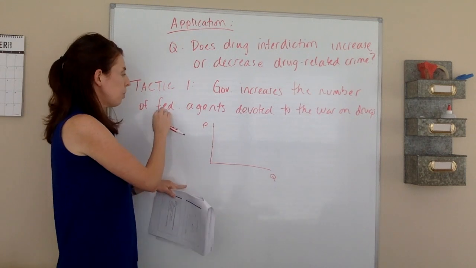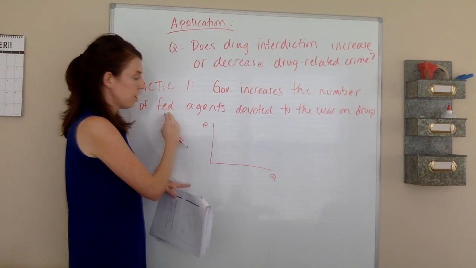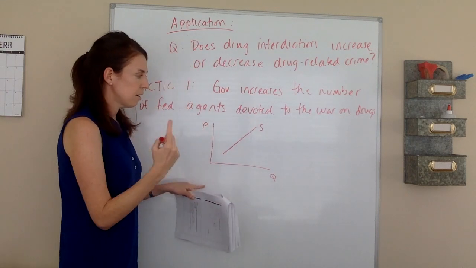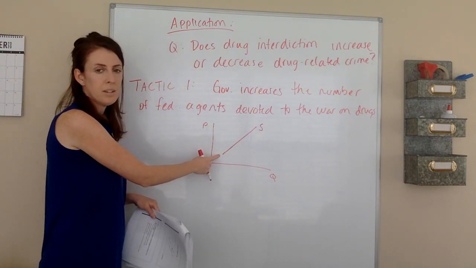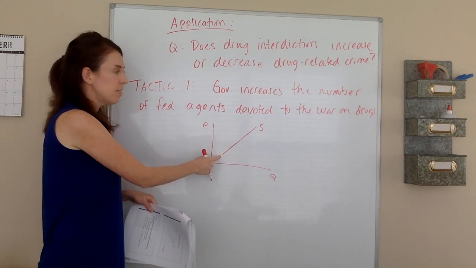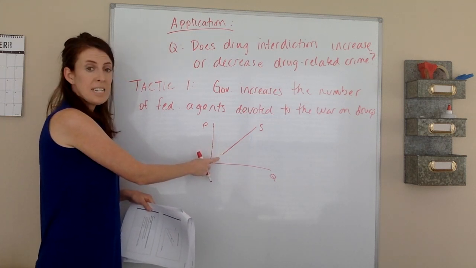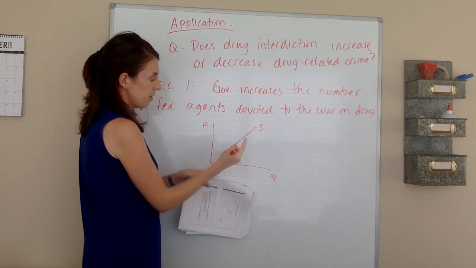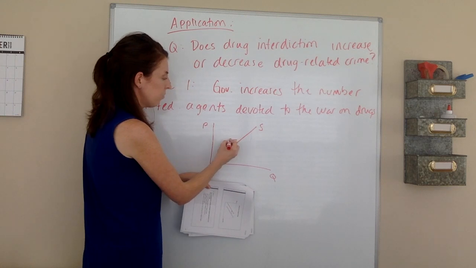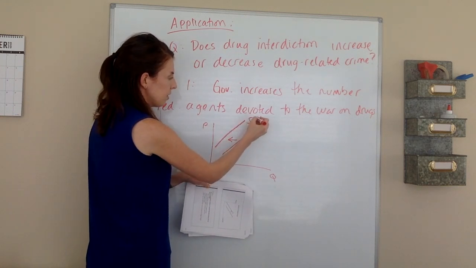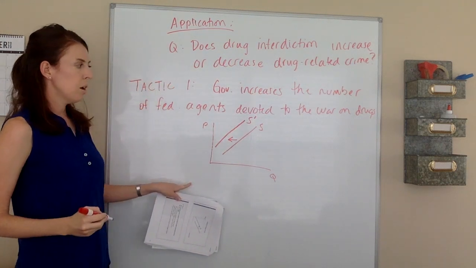So this is going to impact the supply of illegal drugs. We know the supply is going to be impacted. And then the second question is, is the supply going to increase or decrease? This would cause a decrease in the supply. Recall that decreases in both supply and demand correspond with a leftward shift. So we would get a new supply curve out here at S prime.